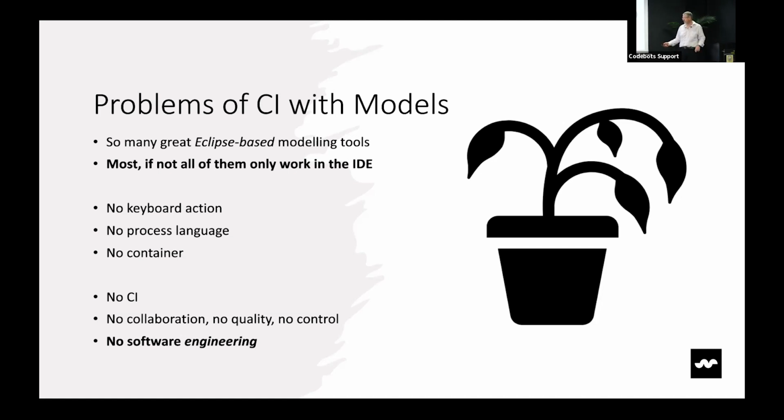So there is no CI, so there is no collaboration, there's no quality, no control, and effectively, it's not very engineering-like. And that's what models have ailed with for such a long time. We've got great abstraction, but we're not actually able to get it to the wheels, to the actual industrial process. So it's a sad flower, sort of.